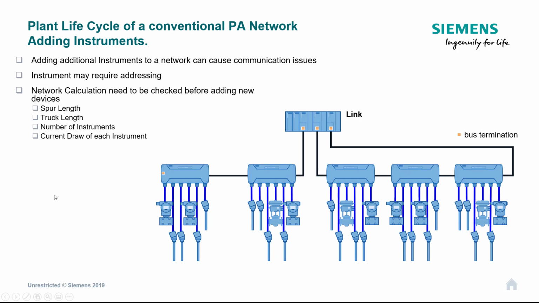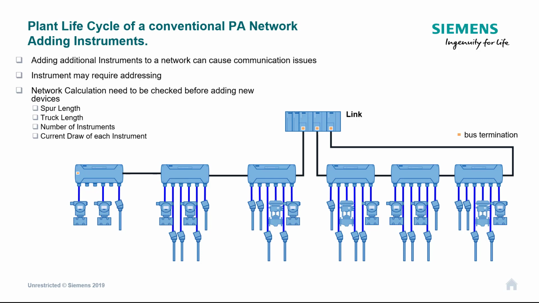Okay, once the plant's up and running, this is normally where I get contacted, where somebody says, "I've had this Profibus PA network and it's been working, and the plant has grown, so we've added more instruments in, and it's grown over time."